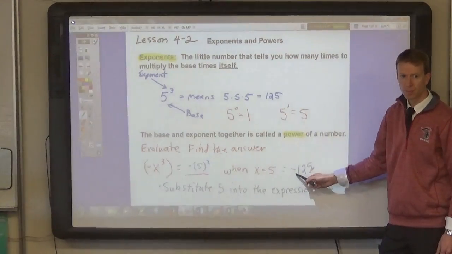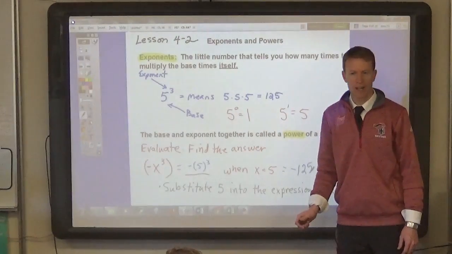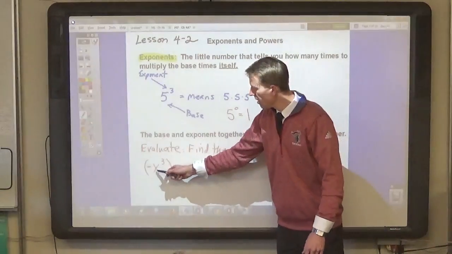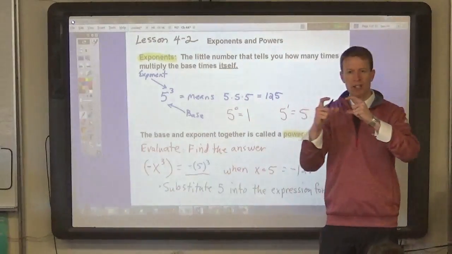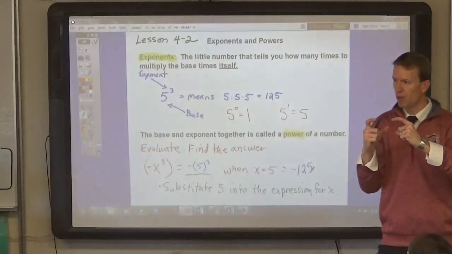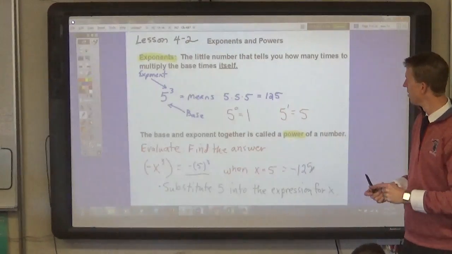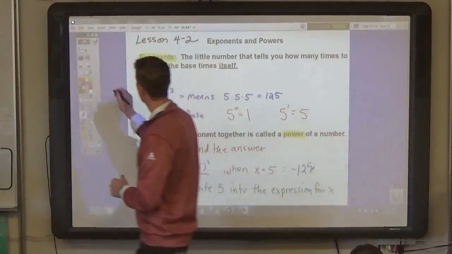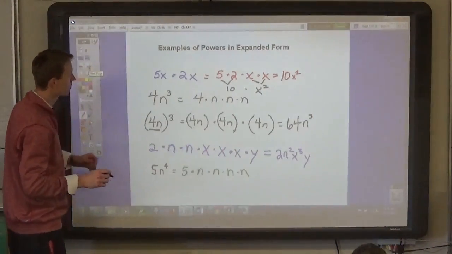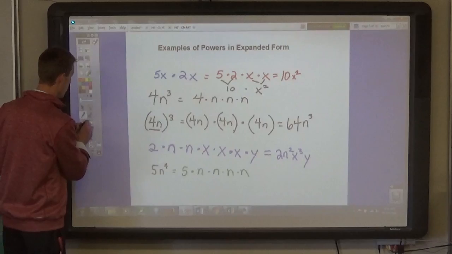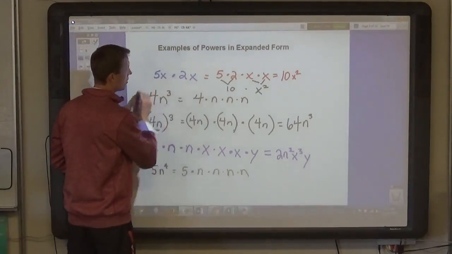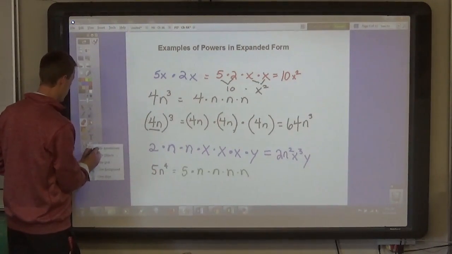Okay? Now, sometimes the negative sign is in parentheses with the variable, and the exponent is on the outside. So, look at this example. Let's do some other examples here.